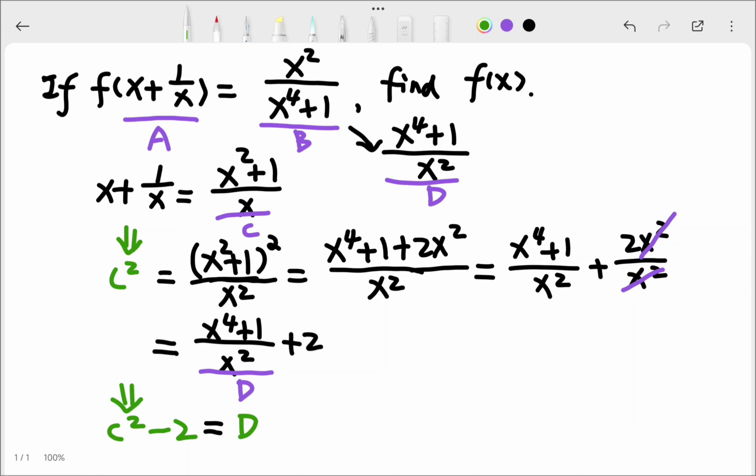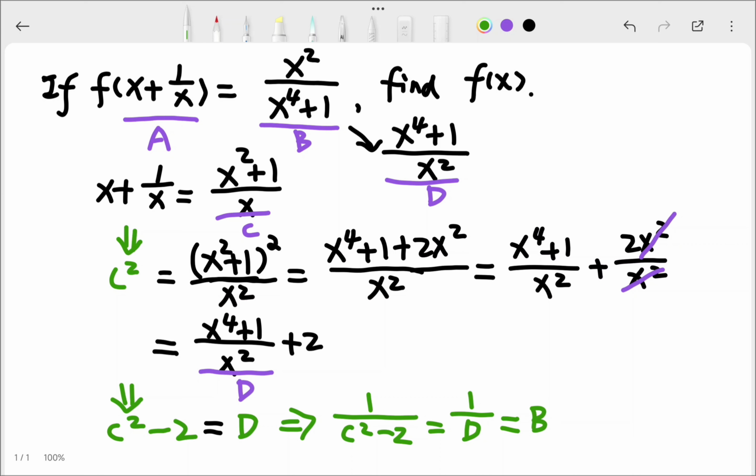So, to get b, we need to flip d. From here, I'm going to flip both sides of the equal sign to keep the equation balanced. Alright, and that is b, isn't it?